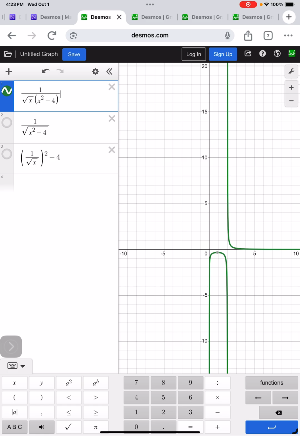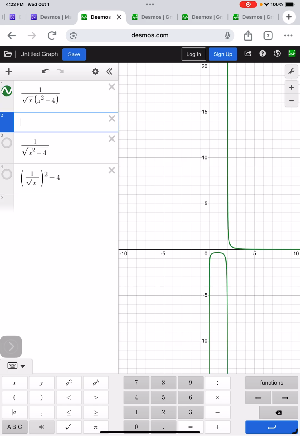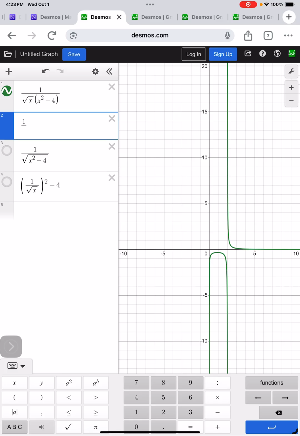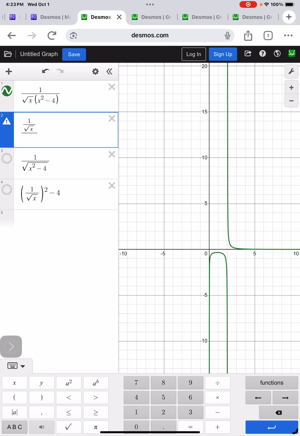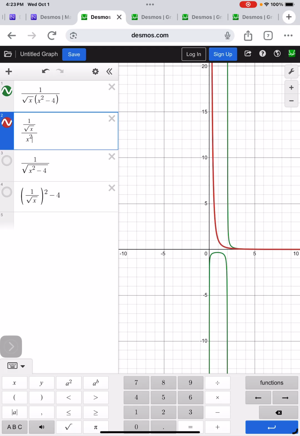This is with me doing the operation, and right below it, I'm going to do what it originally was, which was 1 divided by square root of x, divided by x squared minus 4. And we see we get the exact same graph. So you could just do that and look at your image in Desmos, or you could simplify it.